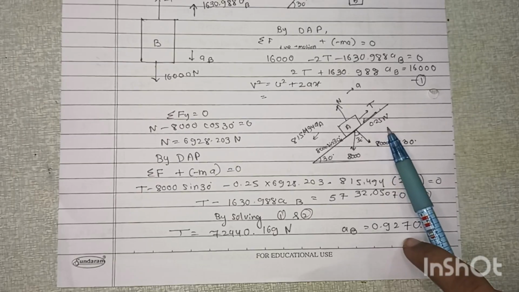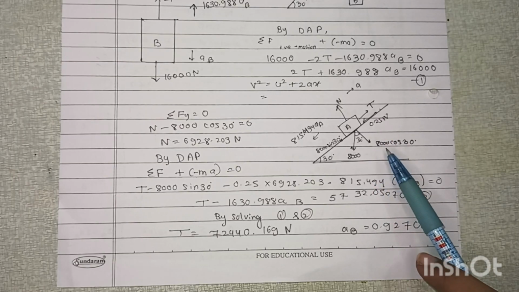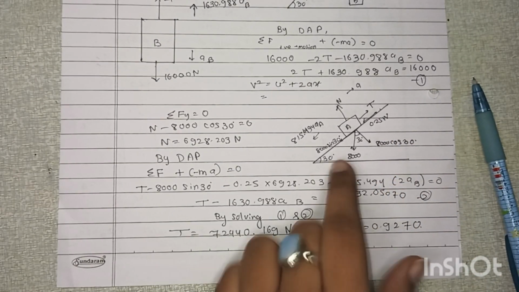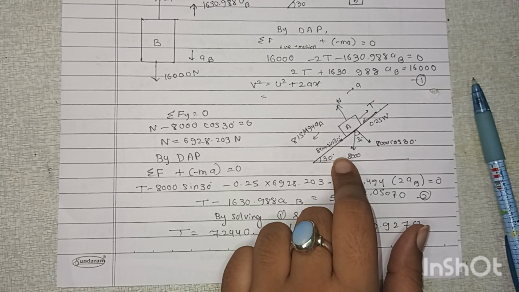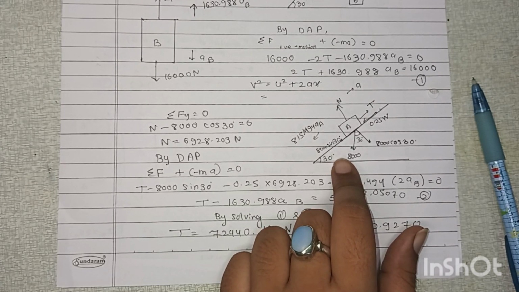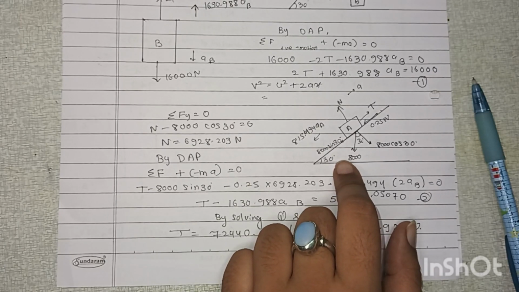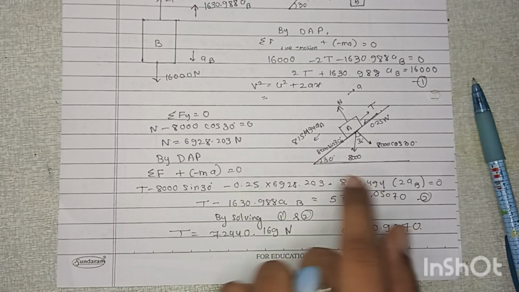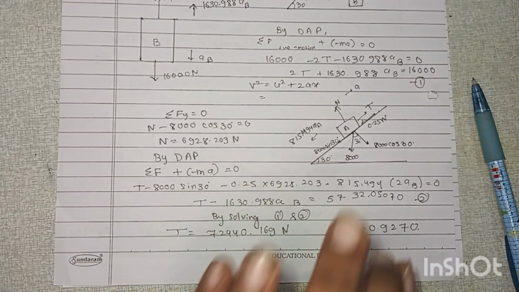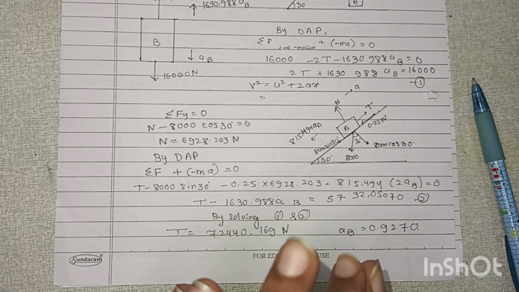That is 0.25, the coefficient of friction that is given in the question, and the weight of this is 8 kilonewton. Now again we have multiplied by 1000, because this is a kilonewton, and for D'Alembert's principle your force must be in Newton, because we are taking mass in kg form, not kilo kg.